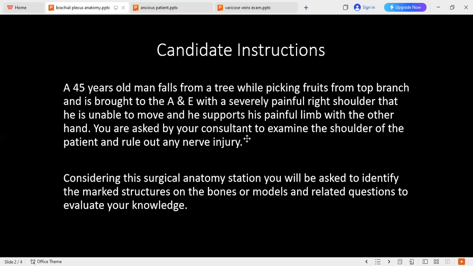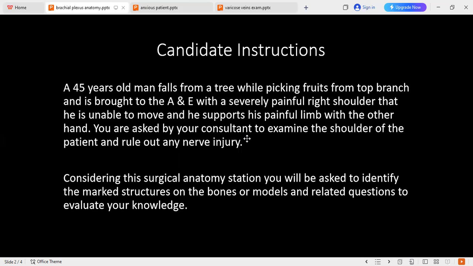How would a patient present to you when he or she has a lower trunk injury? In a patient with lower trunk injury, there will be a claw-like hand, Horner syndrome, and loss of sensation in the medial side of the forearm and the hand.